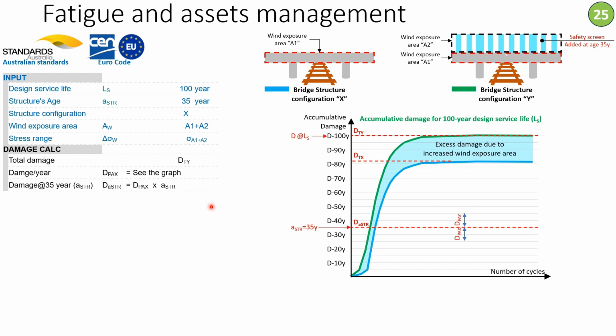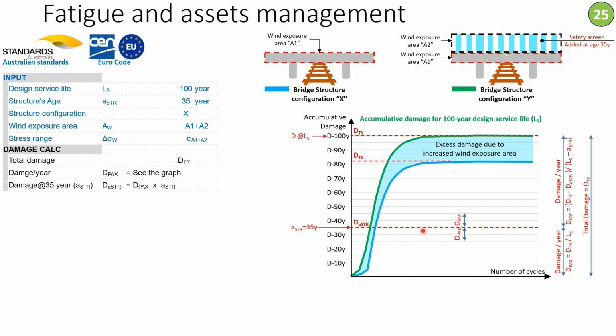Okay, so to calculate this, first we calculate the damage before adding the safety screen. And before adding the safety screen, the bridge configuration follows configuration X. So the incremental damage per year should be the total damage for configuration X, following the blue curve, divided by the intended design service life, which is 100 years, similar to what we've done in the previous slide.